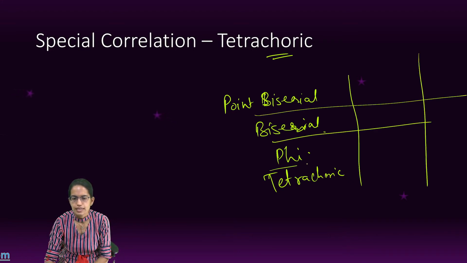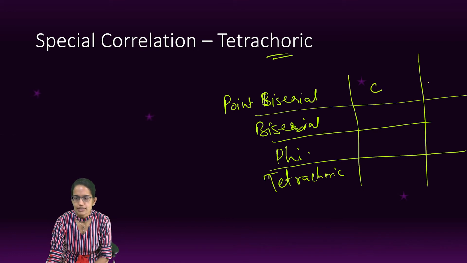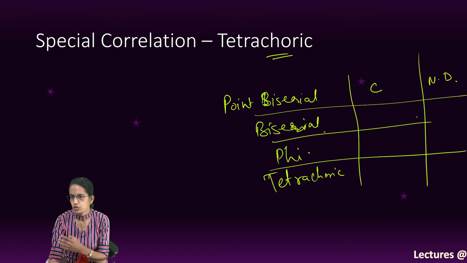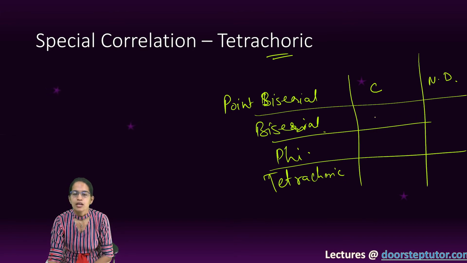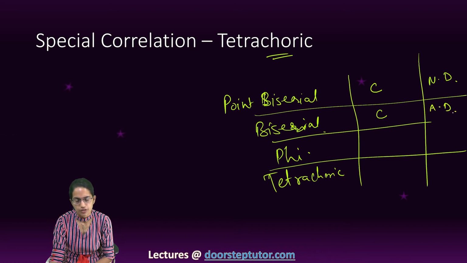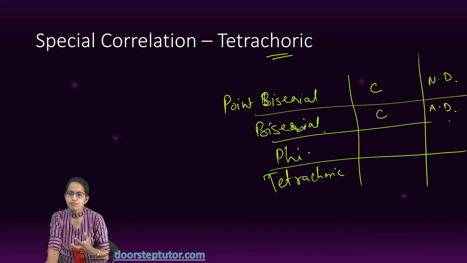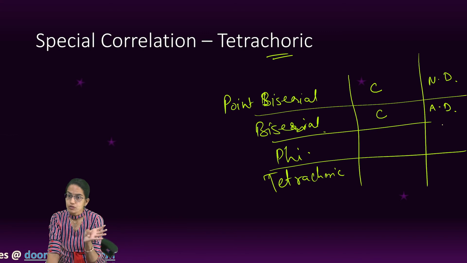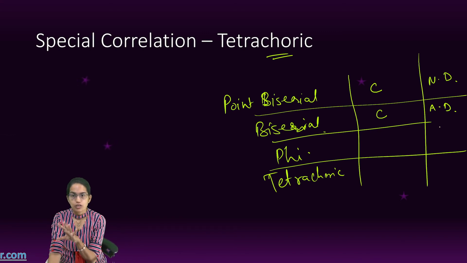Point biserial: one is continuous, the other is naturally occurring dichotomous, so it could be male, female, urban, rural. Biserial: one is continuous, the other is artificially dichotomous. So it could be mood, happy mood, sad mood, but there could be various ranges of mood. I am not including that.